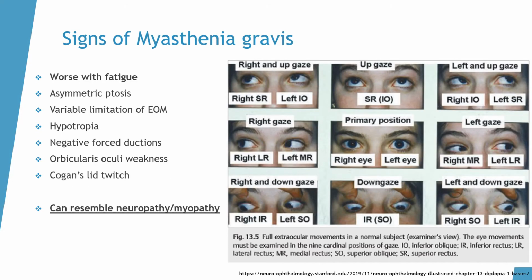As discussed, the signs you may be able to notice with MG are worse with fatigue and asymmetric ptosis, because this is a neuromuscular junction disorder. It dissipates in an asymmetric fashion, and there's a variable limitation of extraocular movement.